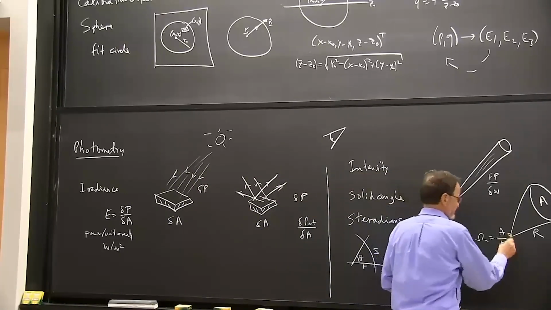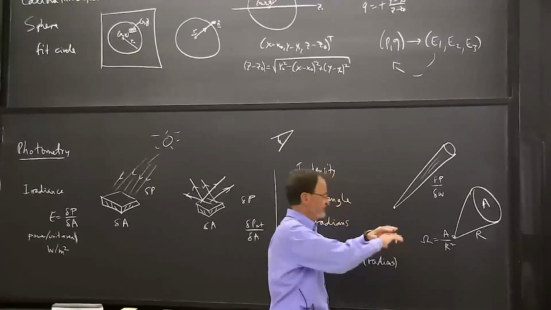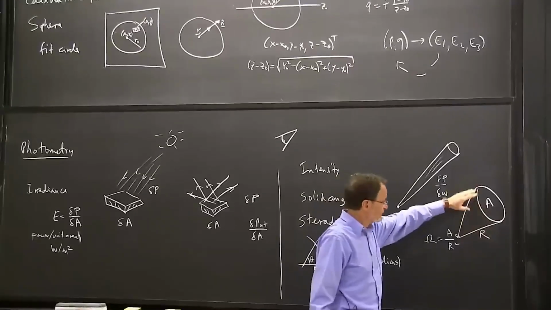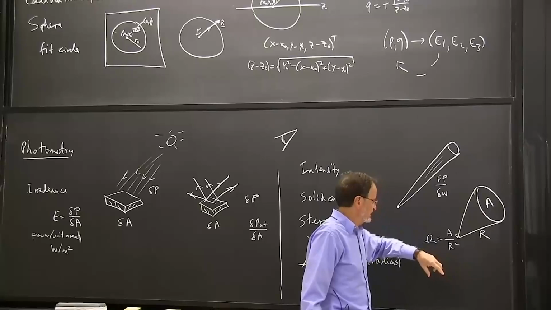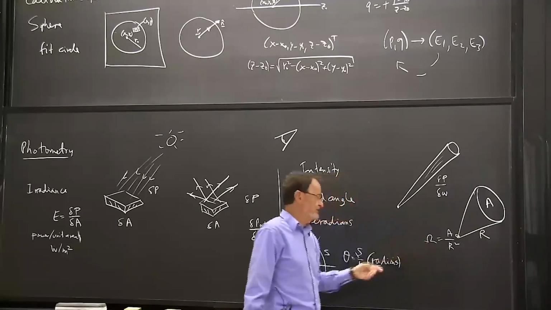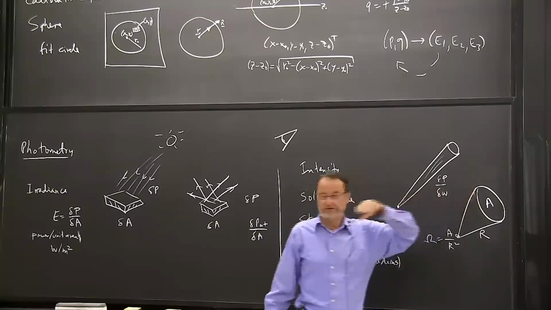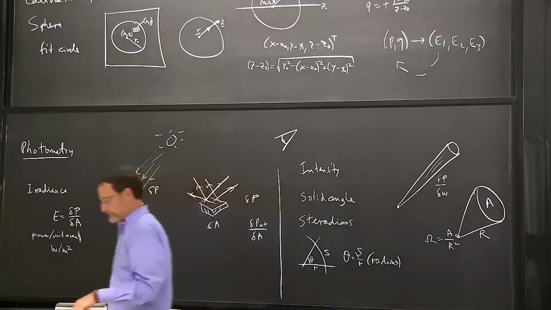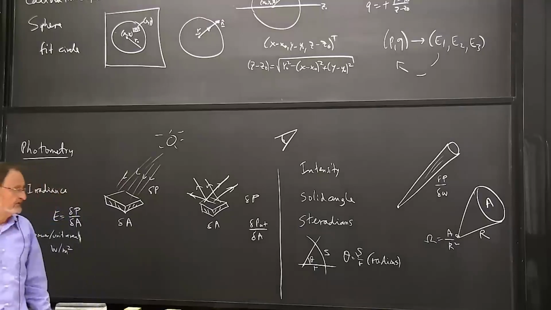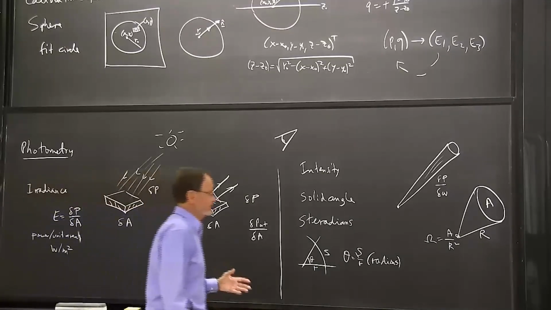We imagine we're at the center of the sphere, and we get a certain area. To normalize it, we divide by r squared, because this area will grow with radius squared rather than radius. And that's the definition of solid angle.